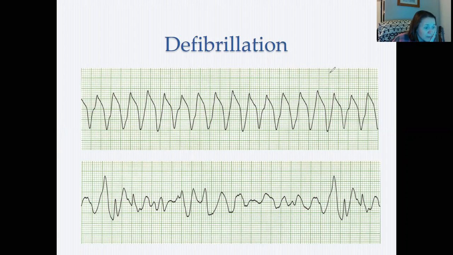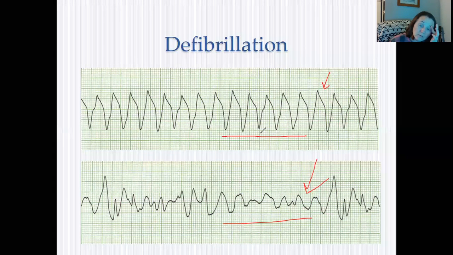Okay, so we've got VTAC without a pulse, sorry. We've got VTAC, and we've got VFib. At this point, this is a pulseless VTAC, and VFib never has a pulse. So what we have is disorganized electrical activity in the heart that's not leading to perfusion.